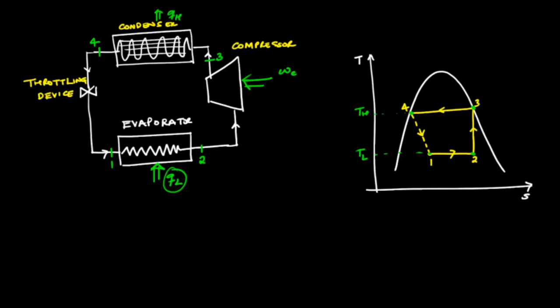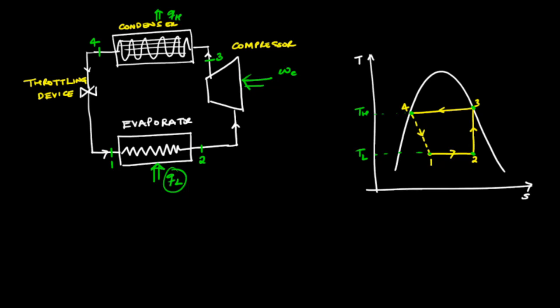In practice, another modification is made to this vapor compression refrigeration cycle so that the isentropic compression step from state 2 to state 3 has only pure vapor, that is superheated vapor. It is practically more convenient to have a compressor that handles only vapor than a mixture of liquid and vapor.